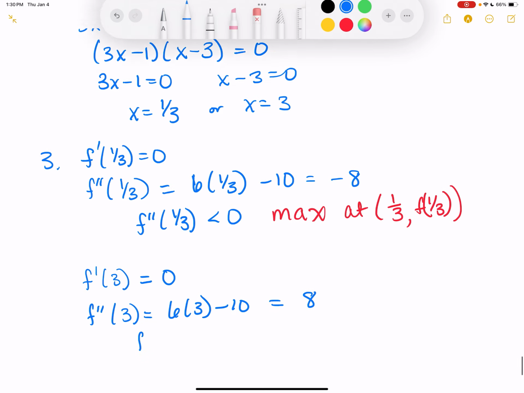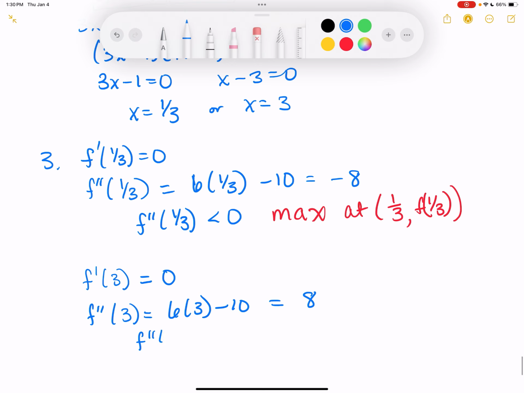So the second derivative at 3 is greater than 0. So what does that mean? It's a local min. There's a min at 3, and f of 3.